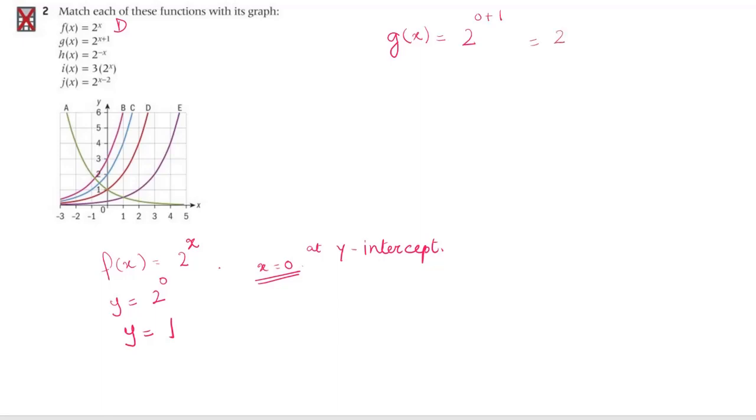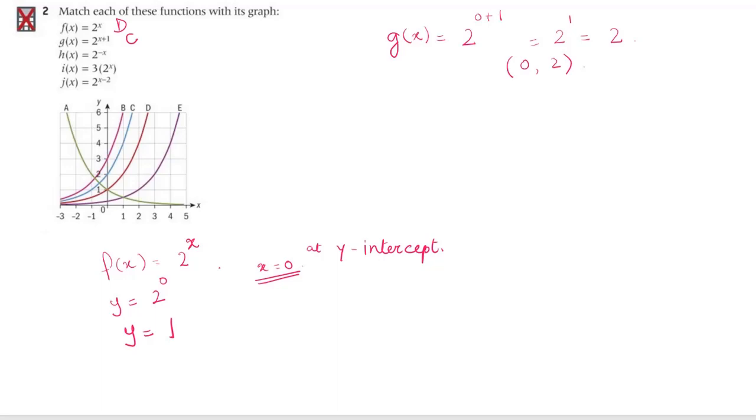So it is 2 to the power 1, and it would be 2. So the coordinates of the y-intercept would be 0 and 2. Now let us check where it is. 0 and 2. So C represents g.